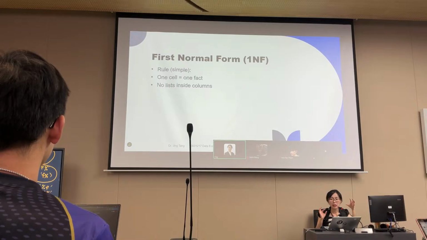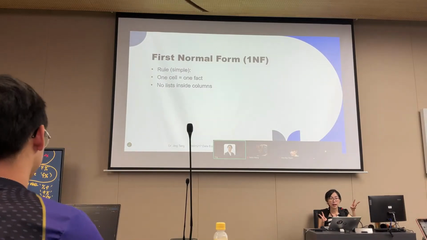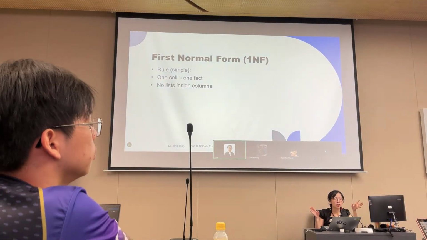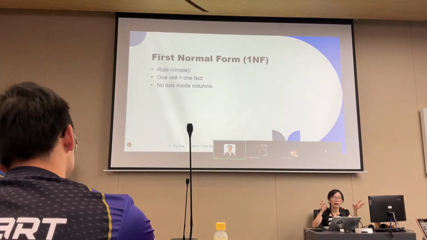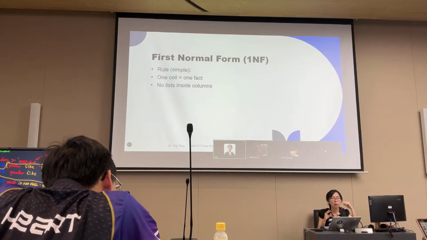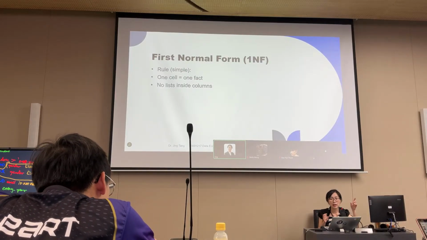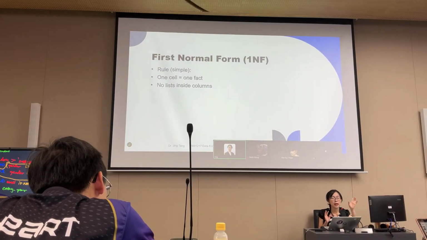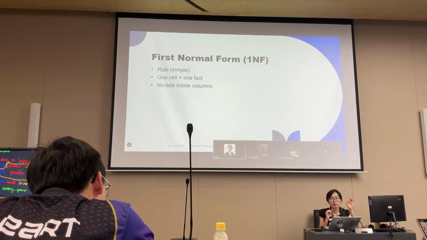Normalization has many levels: 1NF, 2NF, 3NF, BCNF, 4NF, 5NF. We only need to care about the first 1, 2, 3, because most databases nowadays only reach 3NF. Why? If it goes over 3NF or BCNF, the information in a table becomes very small pieces.